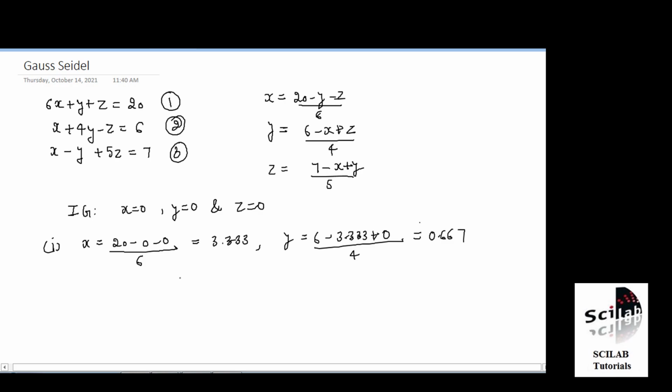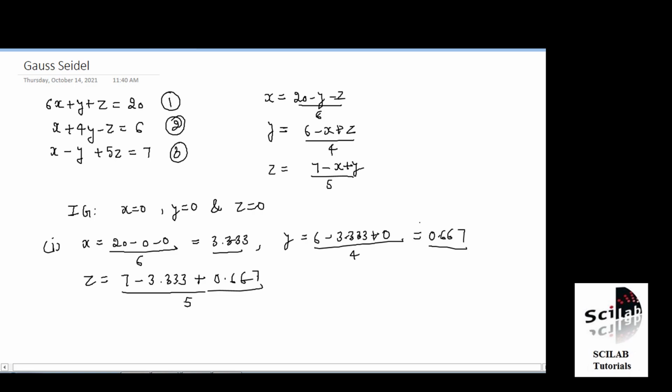Okay, now z is given by (7 - x + y) / 5. So the values of x and y available to us are the latest values 3.333 and 0.667. So 7 minus 3.333 plus 0.667 and divide by 5.